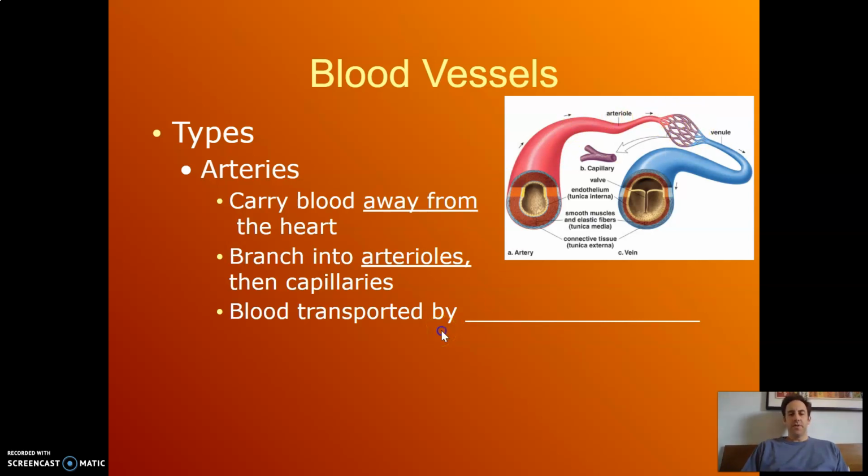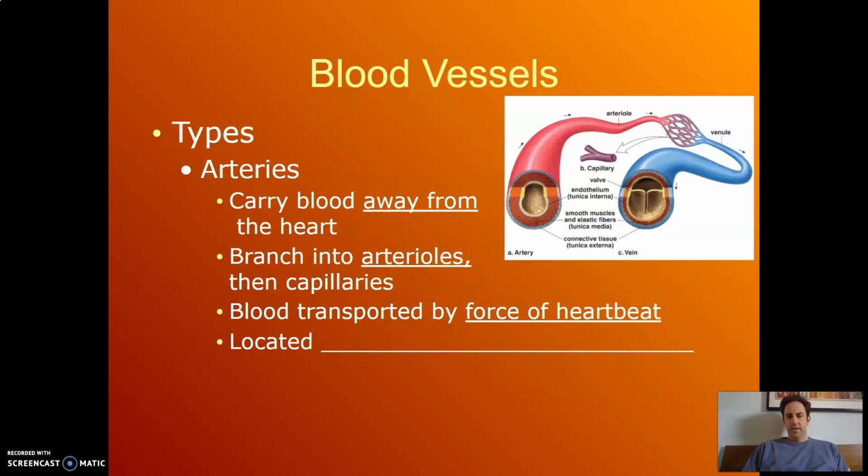The blood is transported by the force of the heartbeat. So remember what we said about the heart. The heart beats, boom, and it just kind of launches that blood through. And so every time your heart beats, if you look at my picture on the screen at the bottom, the arteries kind of get this like boom, boom, boom, and they almost pulse with every single heartbeat.